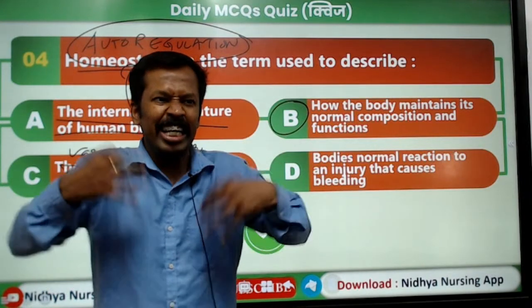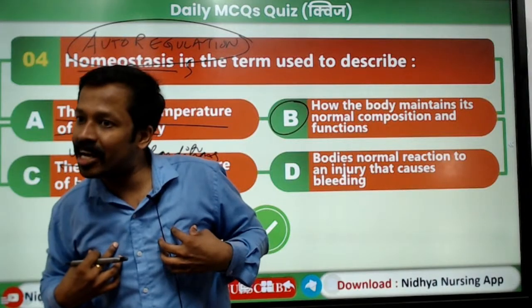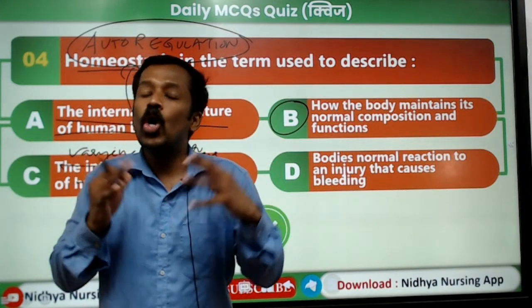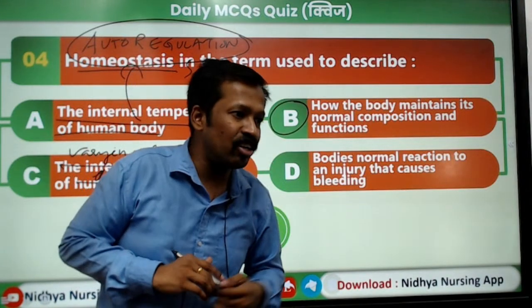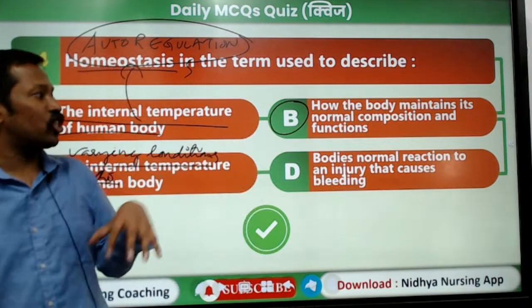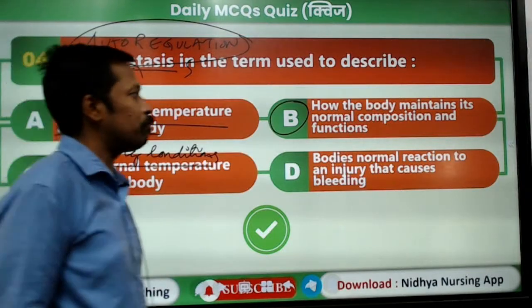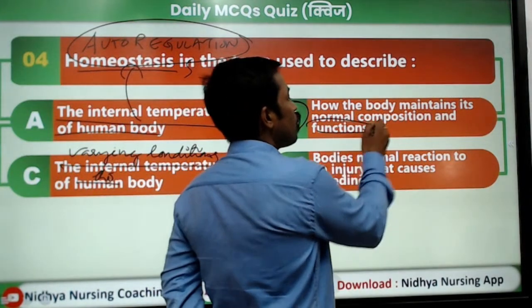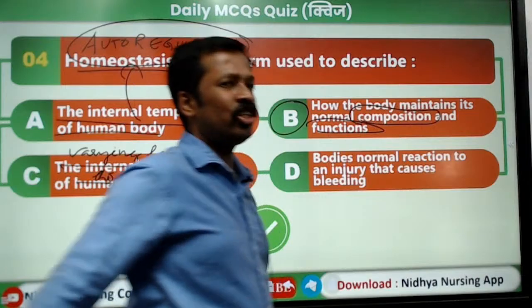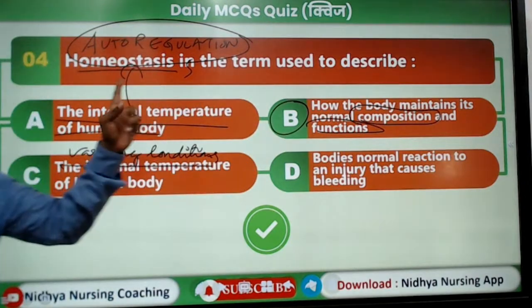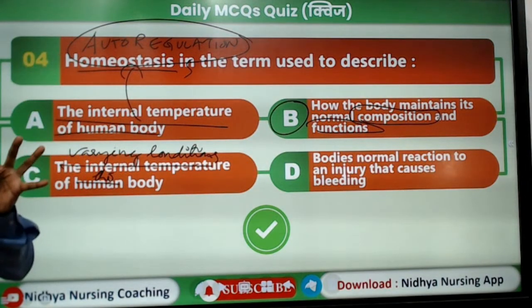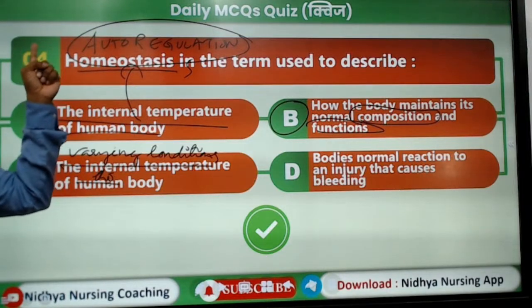Our body tries to increase its temperature. That is also called auto-regulation, or maintaining the internal functions. Here the word normal functions is mentioned specifically, but composition is not at all related to homeostasis.